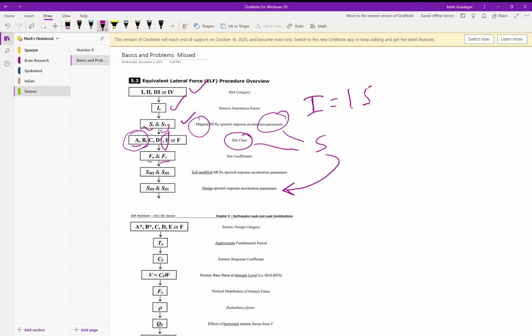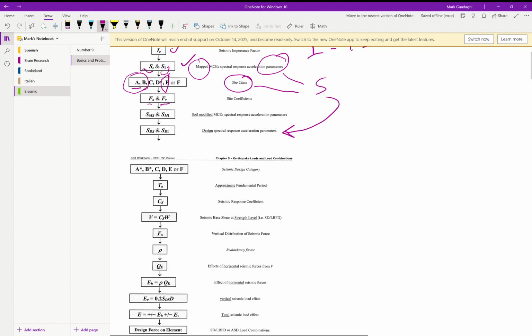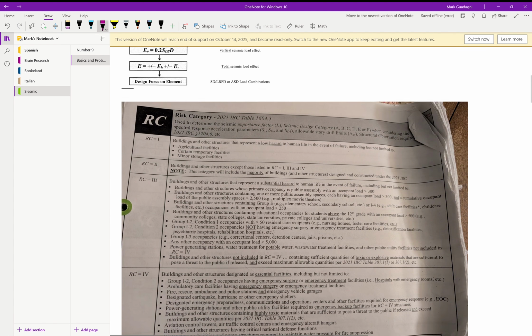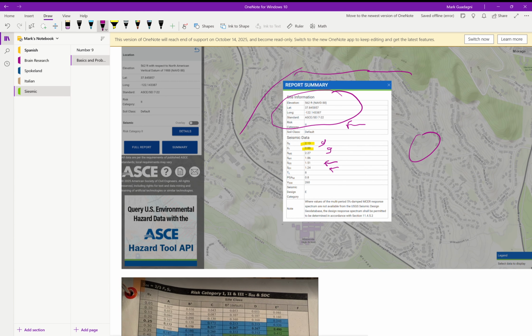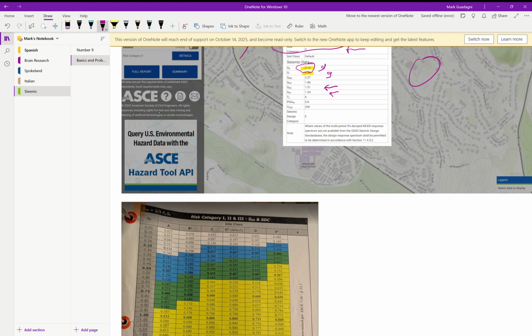That sounds like a mouthful, but in reality, what a lot of these test classes have done is they've given you a chart with these 2 parameters. So say you have your S sub S, which is given in the problem, and then they tell you what the site class is.